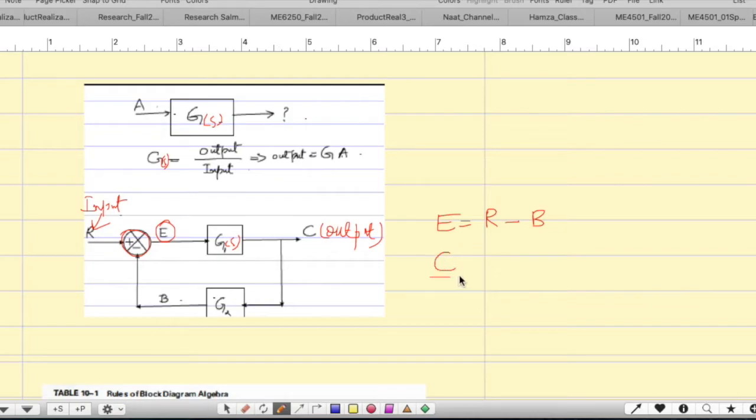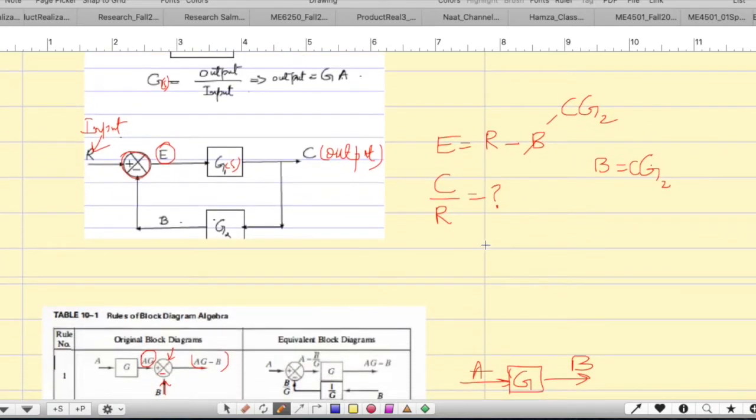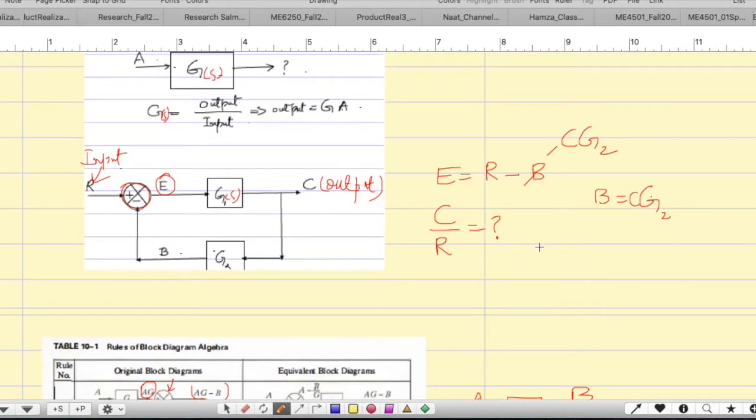We are interested in C over R. And what is B? B is the output times G2, which is equal to C G2. So E is equal to R minus B, so R minus C G2.